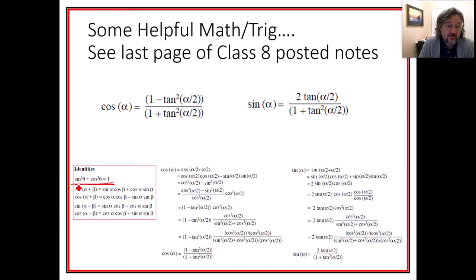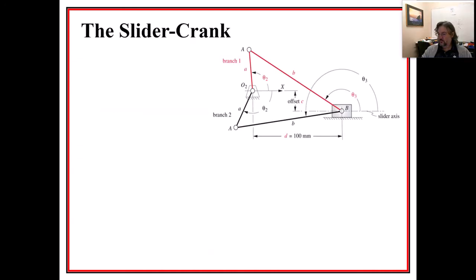You might know that from trigonometry. Some additional manipulations, as I've shown down here, can lead us to these identities right here. These tangent half-angle identities allow us to break this thing apart, and we need that stuff to walk our way through and see where we get these equations from.